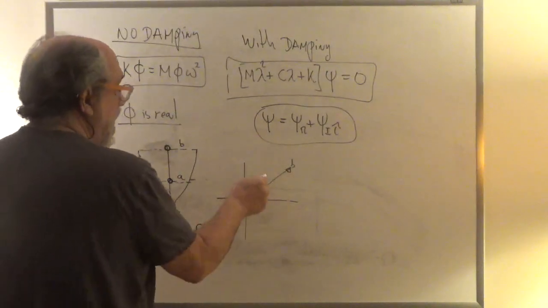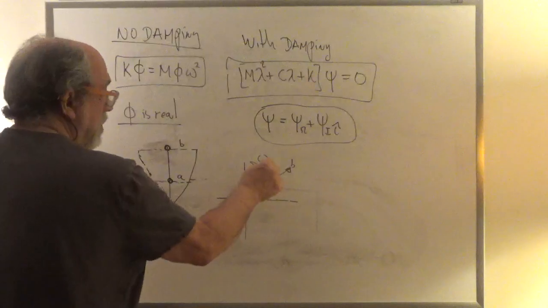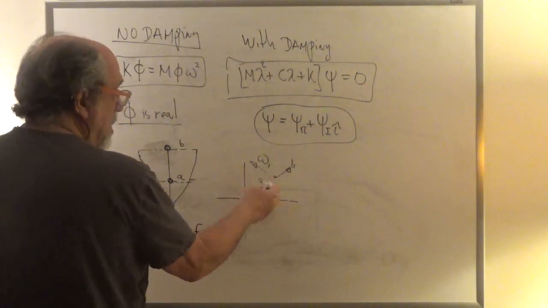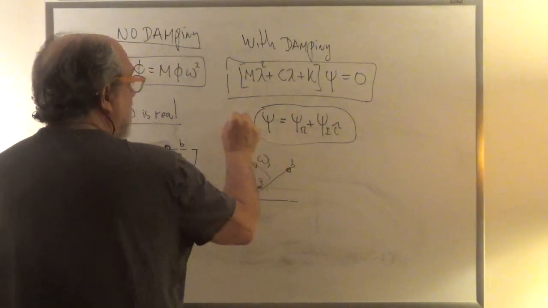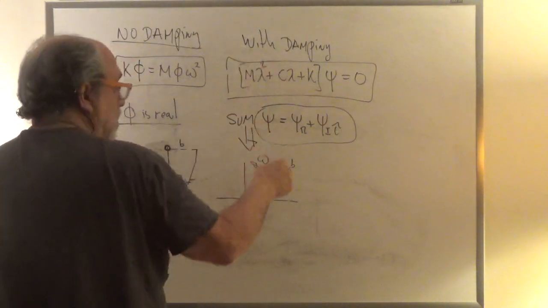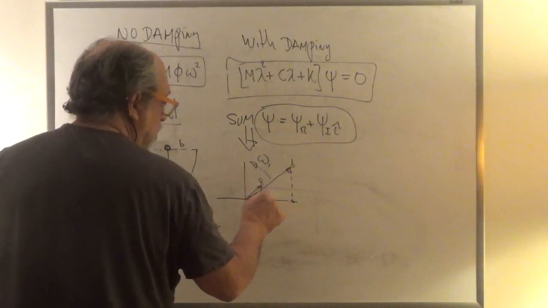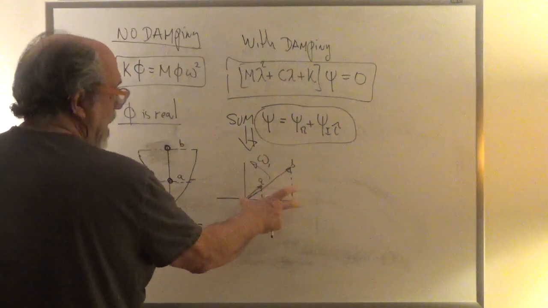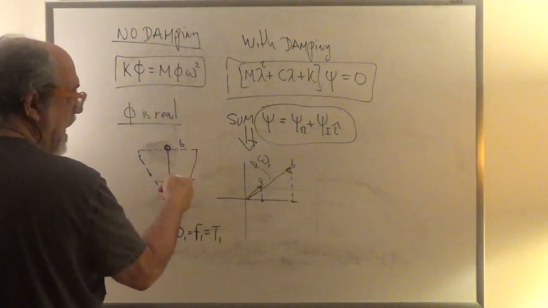And they are rotating together with a frequency omega 1. So when they are on the horizon, imagine that what you actually see is the shadow. If you have the sun coming down, the shadow of the B would be this, the shadow of the A would be this. When the vectors are on the horizontal axis, they have the maximum shadow. So that's when this thing gets to maximum response, B and A.